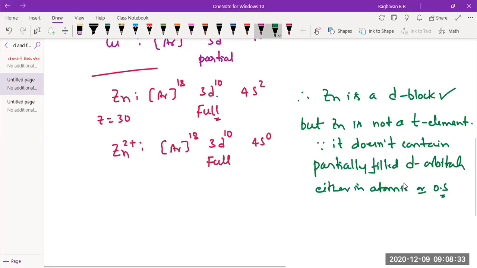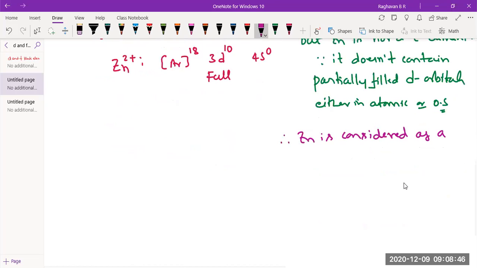Therefore, we have one statement to make: zinc is considered a pseudo transition element.